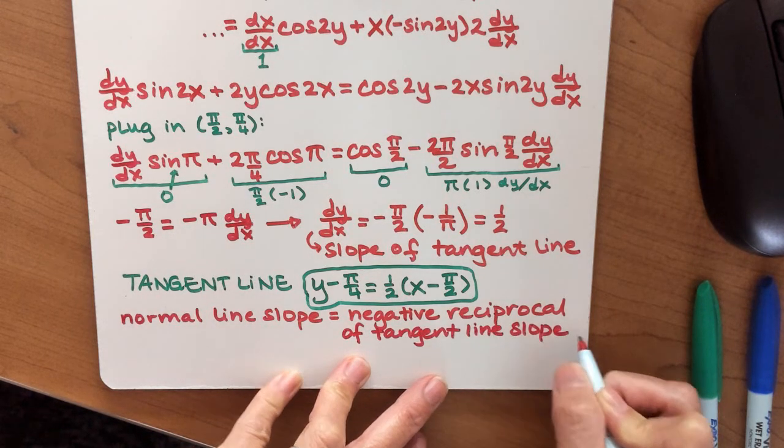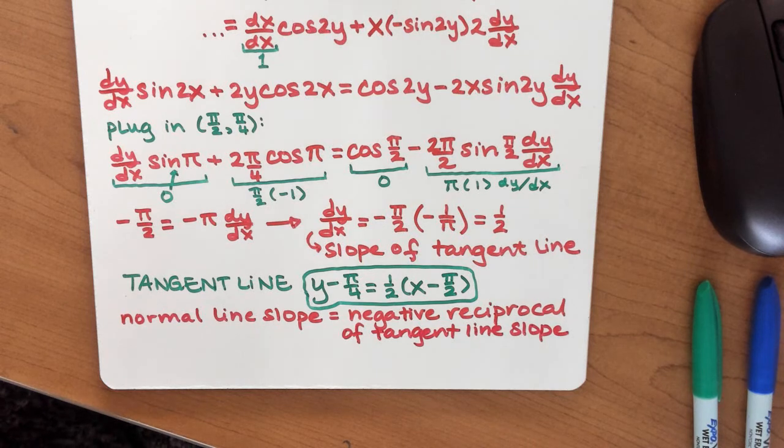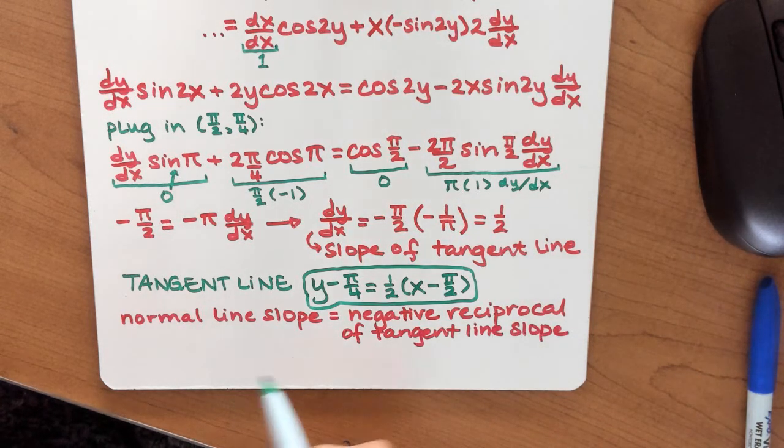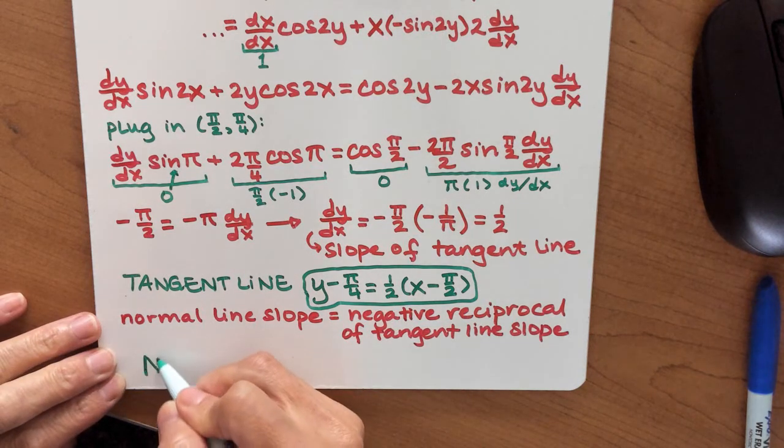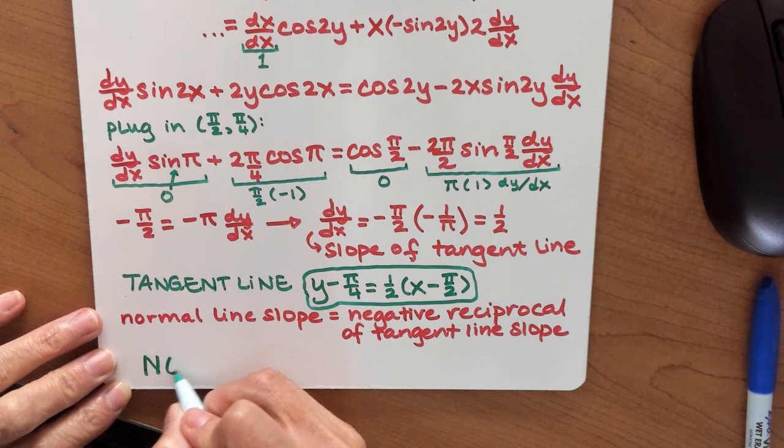So that means if the tangent line has a slope of 1/2, the normal line must have a slope of -2.